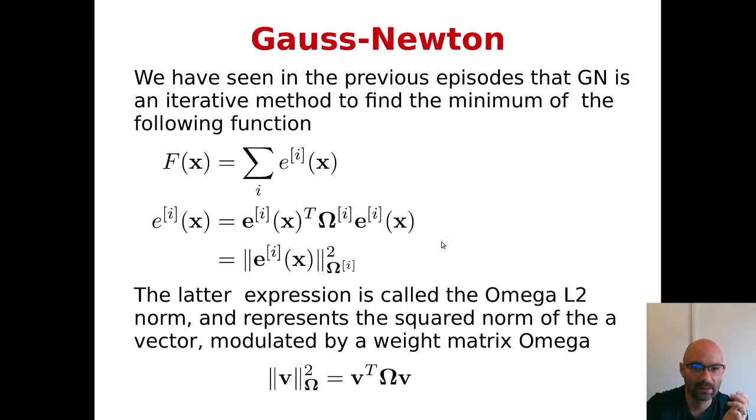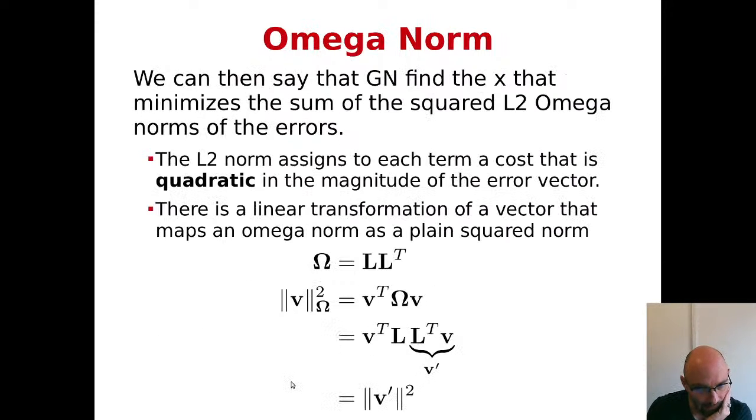This is called the omega L2 norm in the literature. In general, we write it with the double bar, an omega on the bottom and a square on the top. This is the squared omega norm of v, the L2 norm of v in omega.